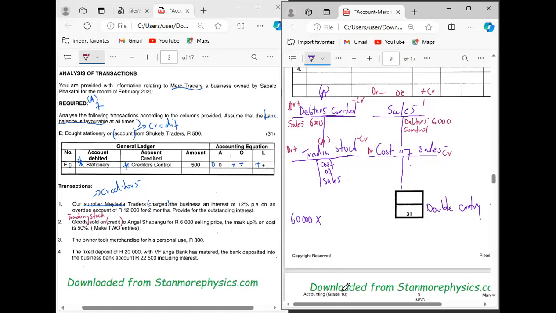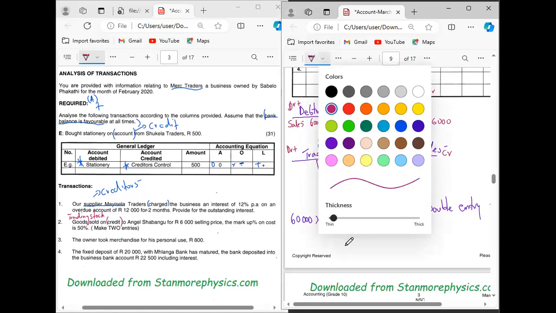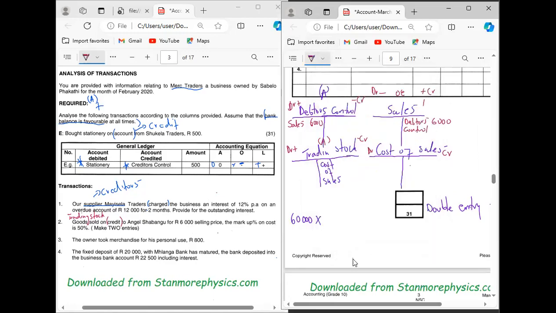I always teach my learners that whenever you get this type of information, cost price or cost of sales will always be 100%, while sales will always be 100% plus the markup percentage. The markup percentage is 50%, meaning sales must be more than the cost price. Then it's going to be 150%.